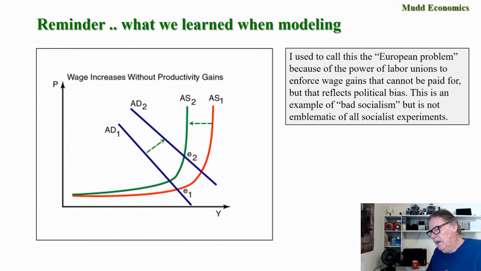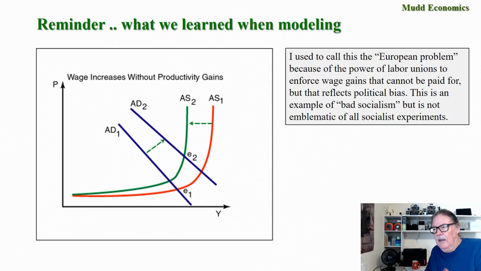Also, finally, this was what I call the European problem, because the power of labor unions to enforce wage gains that could not be paid for sometimes caused problems in Europe in the 70s and 80s, or mostly the 70s. And we said if you have wage increases with no productivity gains, then you have a shift out in demand because of the wage increases, and you have a shift back in supply because of rising labor costs.